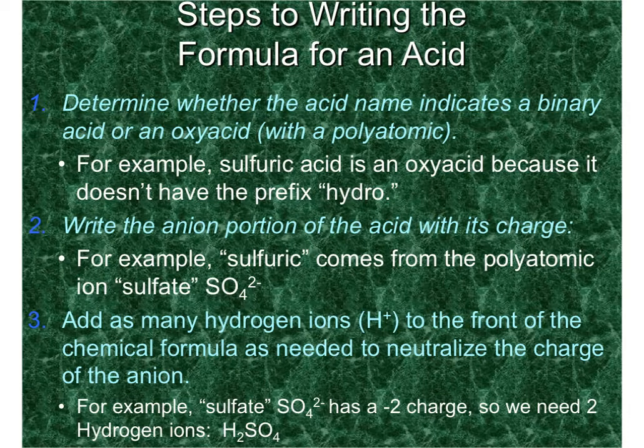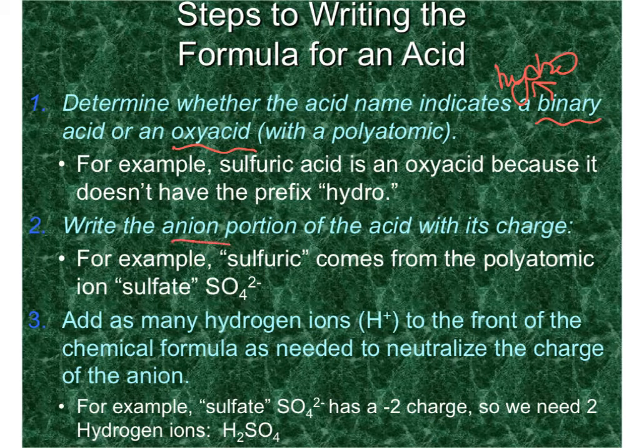So just a couple of hints for you. Remember that the first thing you do if you are writing a formula for an acid is ask yourself whether the name is that of a binary acid or a ternary acid. And you'll know that because remember, binaries start with the prefix hydro. So that's the first question you should ask yourself.